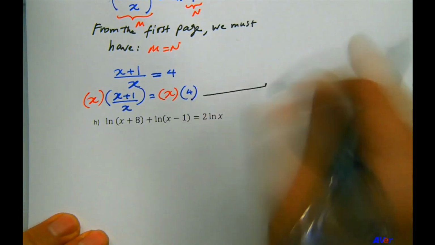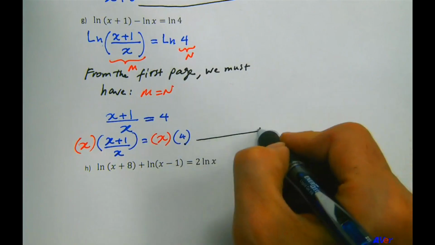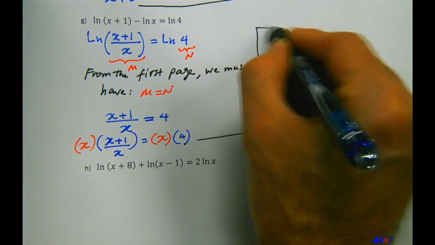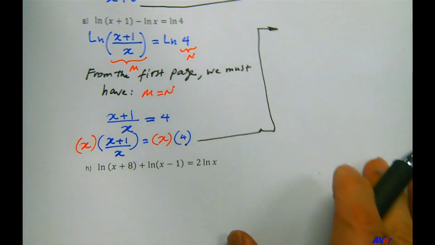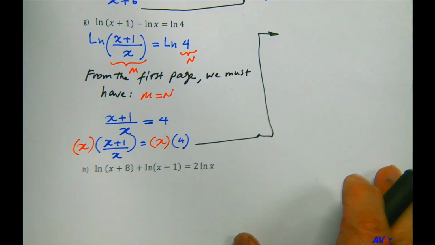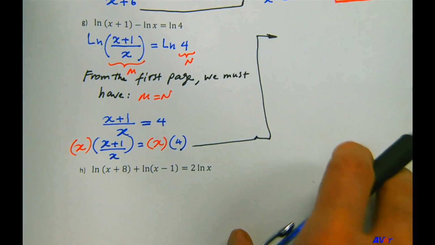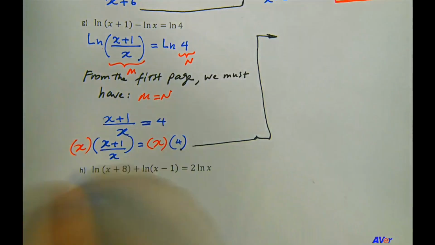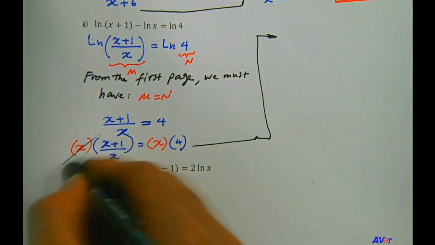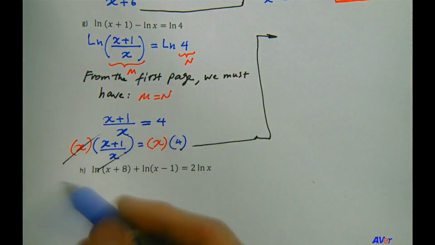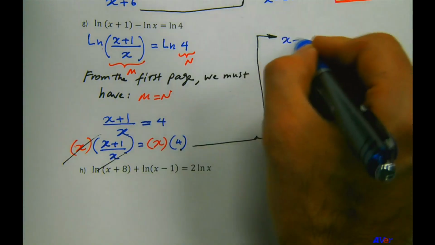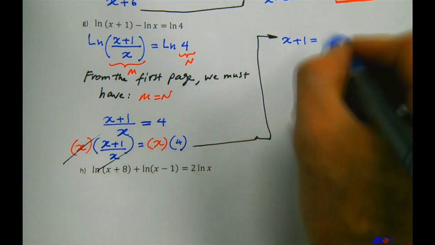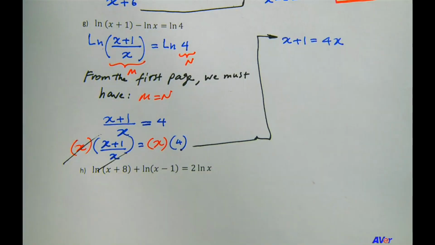So let's put the rest of this solution over here. Okay. So on the left, the x and this x cancel out. We get x plus 1 equals 4x, right, on the right.